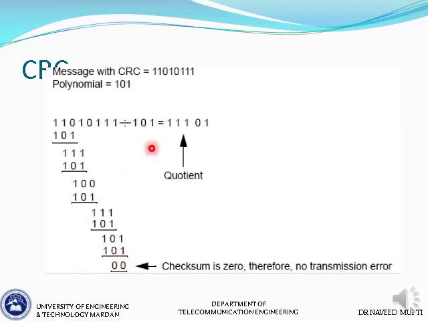So if the receiver removes these 2 bits and then does the division, it should get the value of checksum, which should be the same as what it is receiving here. If they both are the same, then once again that means there is no error. So that is how the receiver can do it. Just a quick recap of CRC I will do in the next slide.